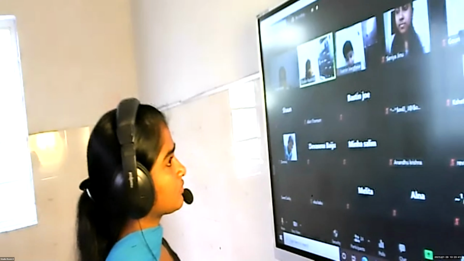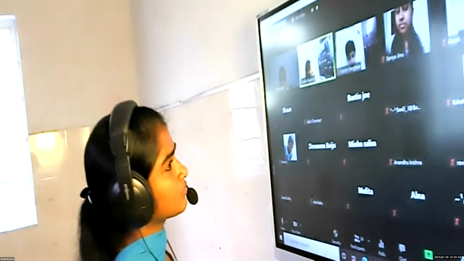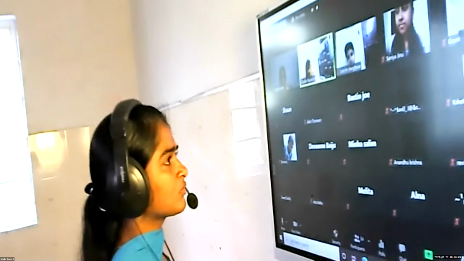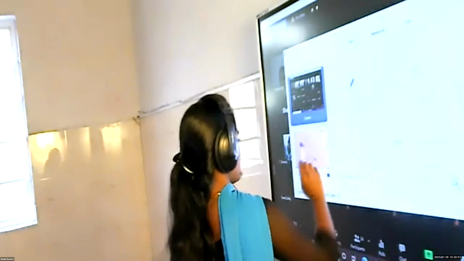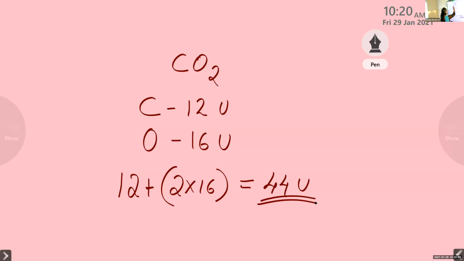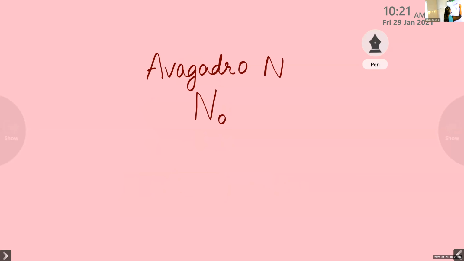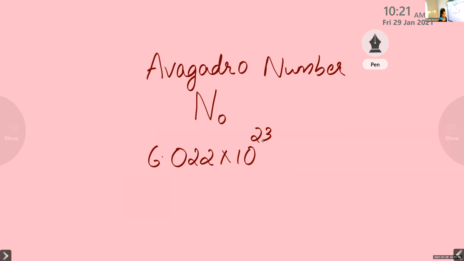That is N0. Number. And the value is 6.022 into 10 raised to 23.